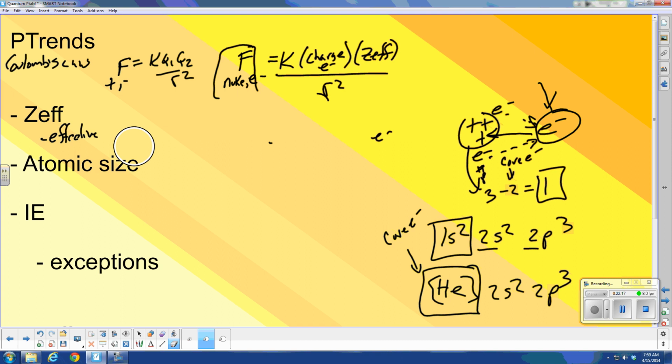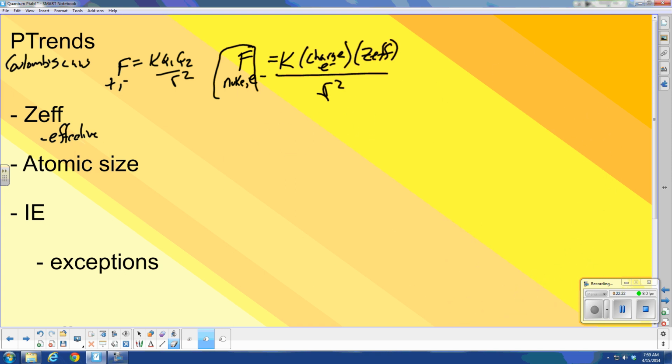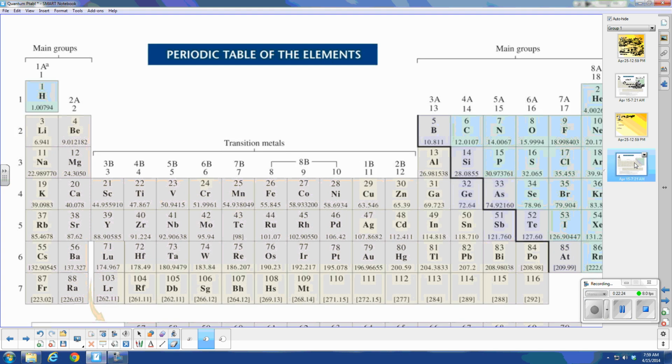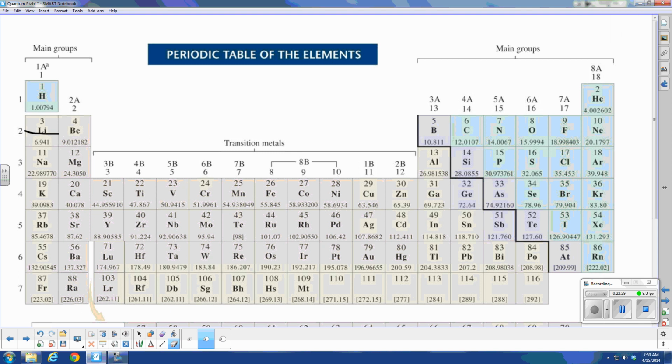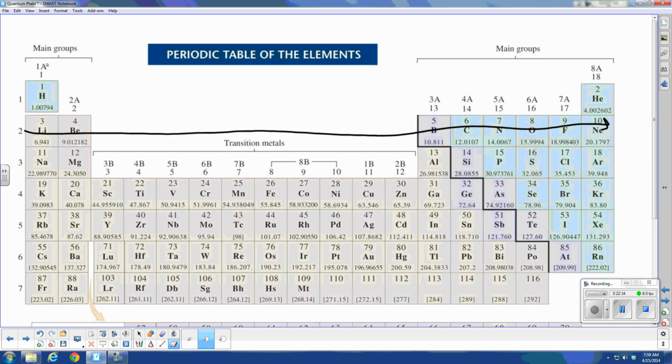What is the actual trend in Z effective in my periodic table? So let's go to a new clean periodic table, which won't be clean for long. Z effective, very simply, as I go from left to right here, what's happening? I am staying in the same shell. My electrons are all in the 2 energy level, the second shell, but I am adding protons. So as I go from left to right, my Z effective increases.